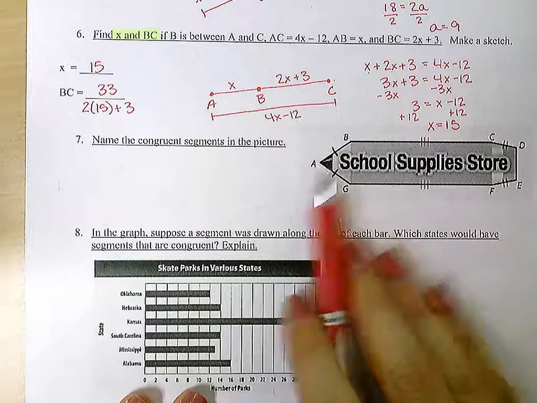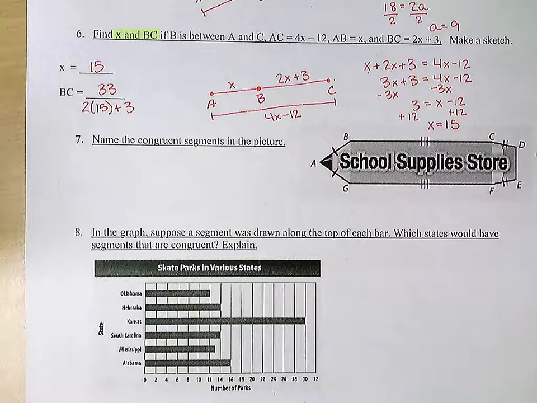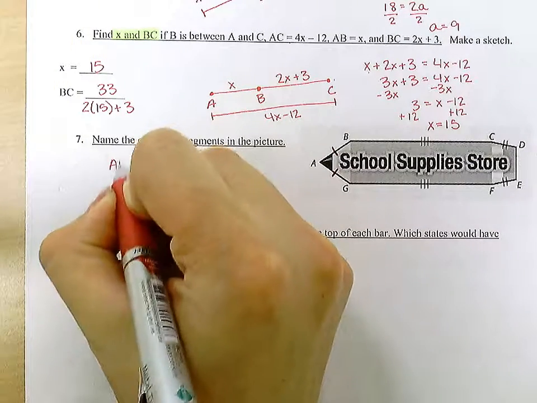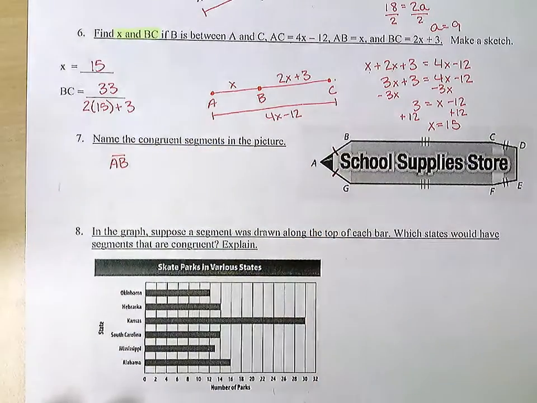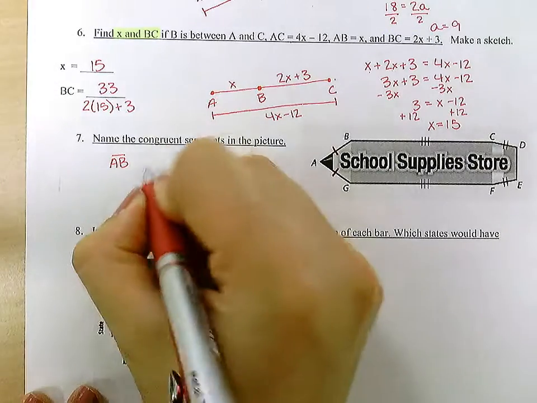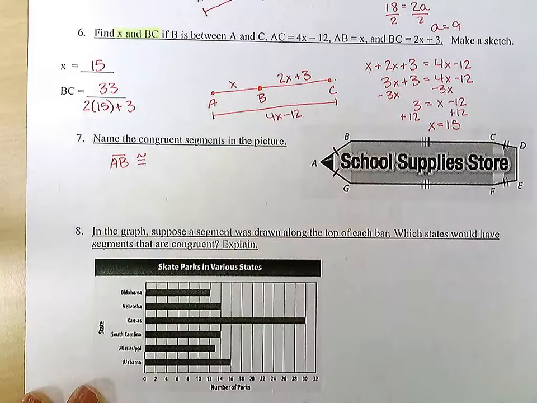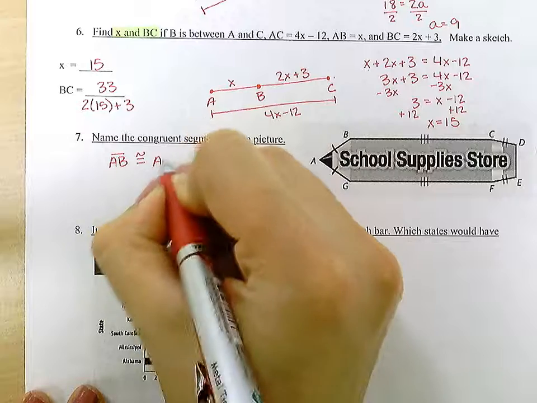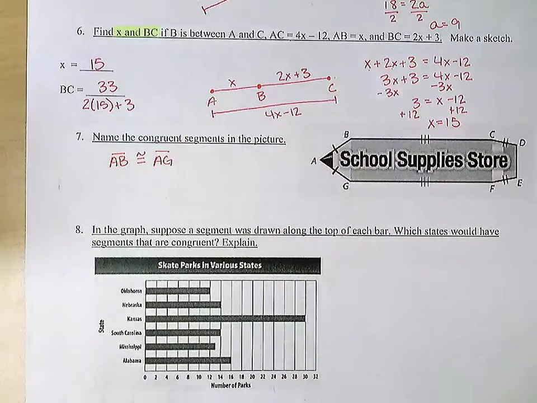Both AB and AG have that single dash in them. So I can say segment AB is congruent to segment AG. I am going to use that congruent symbol so you know what I'm talking about.